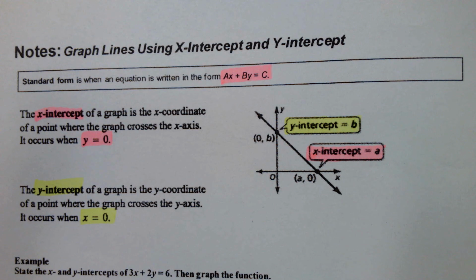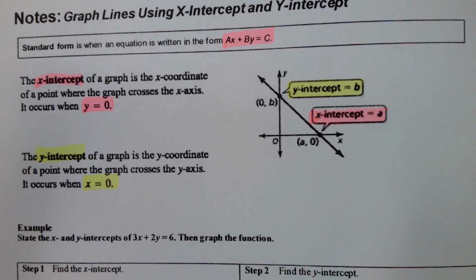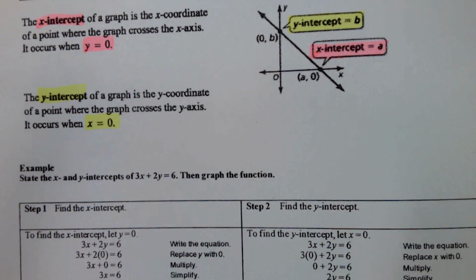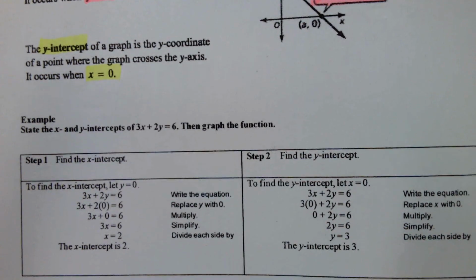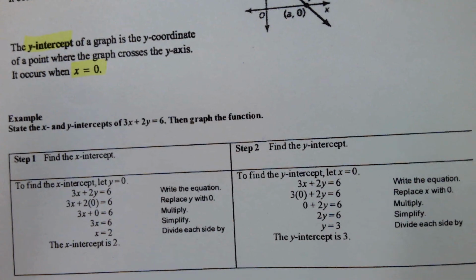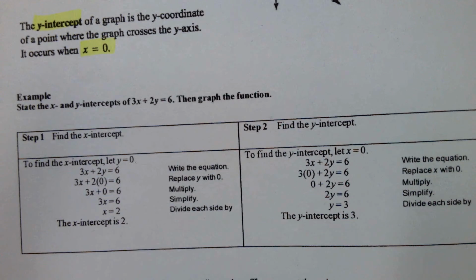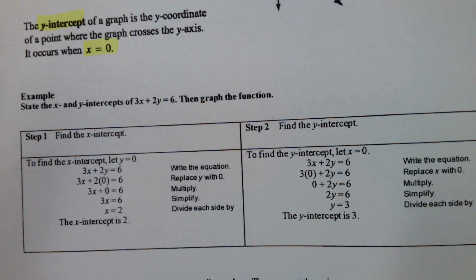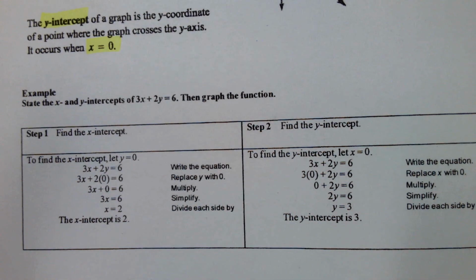So let's take a look at a typical example. We're just going to jump right into learning how to find these coordinates. Okay? So here's an example that's all worked out for us. They want us to state the x and y intercept of the function 3x plus 2y equals 6. Then graph the function.